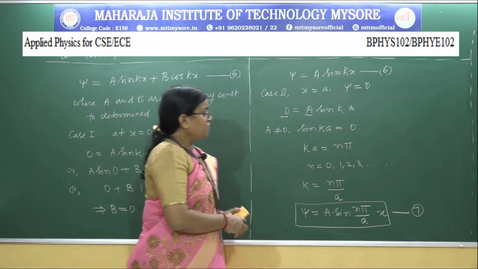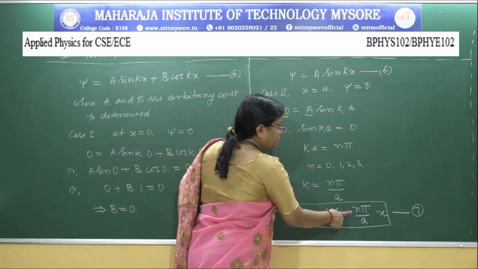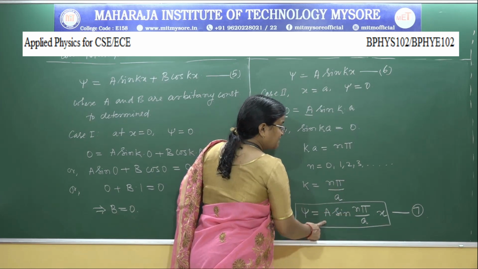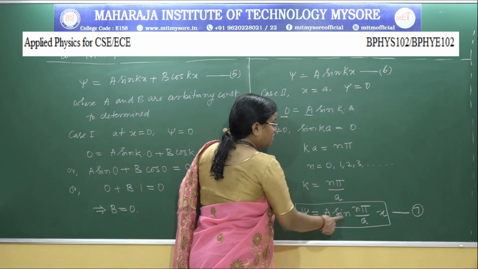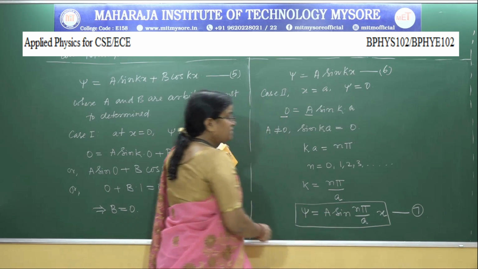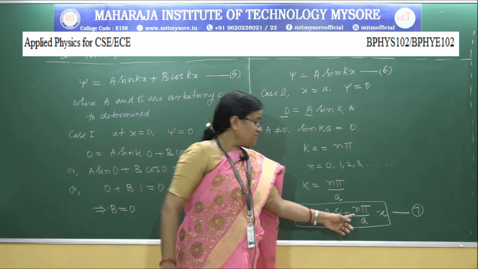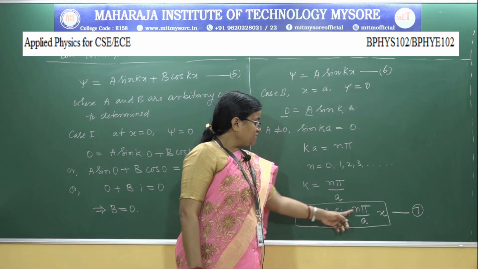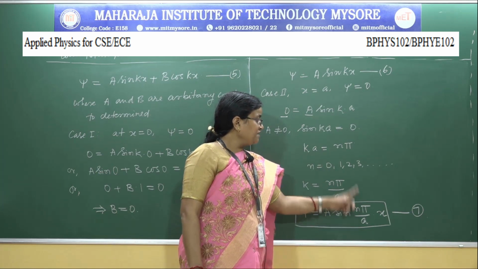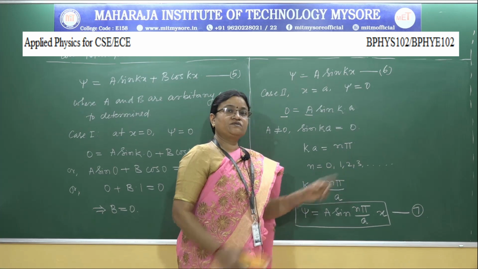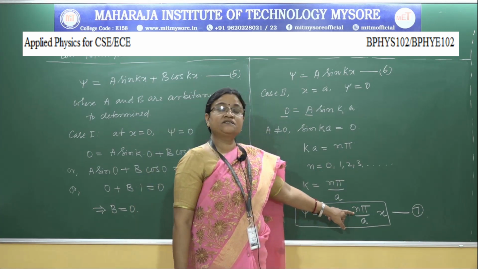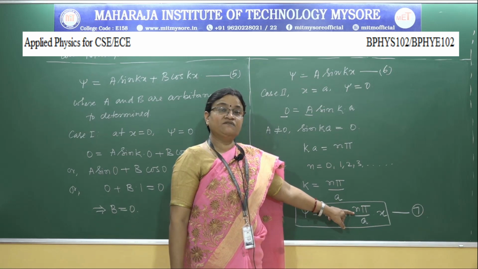Now, if we substitute the value of n = 0, then what we get? ψ = 0. So, this n = 0 is not an acceptable value. Whenever we start substituting the value of n, we start from 1, 2, 3, as the n value represents the energy levels.